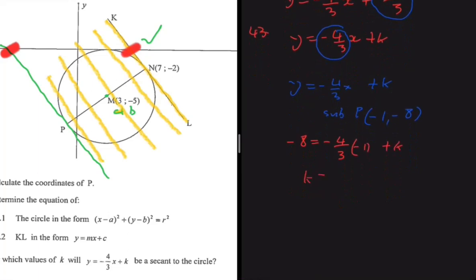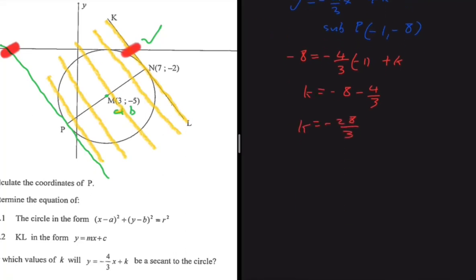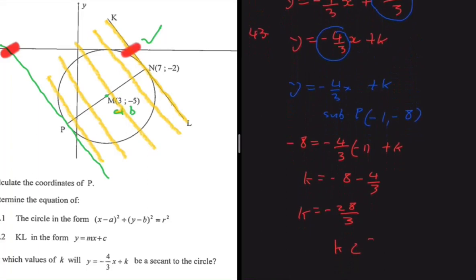So k will just be equal to minus 8 minus 4 divided by 3, basically. So k will be equal to minus 28 divided by 3. So when k is between 22 divided by 3 and minus 28 divided by 3, right?